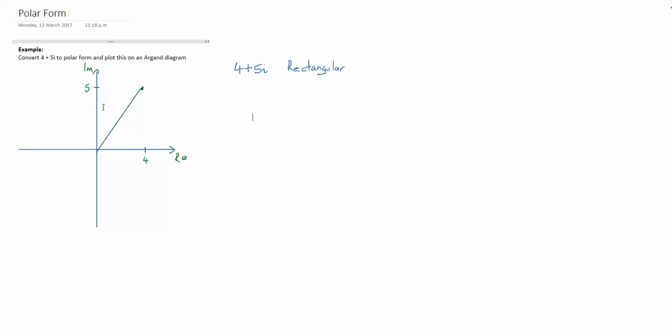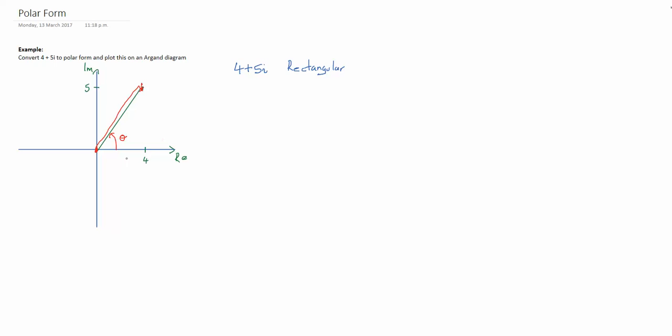This point here, I could also have got to by starting with the real axis here, turning through an angle, let's call it theta, and then starting at the origin, moving this distance along that line that's got that angle, so that you also end up at this end point.